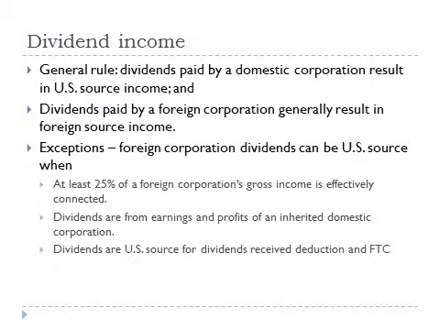Dividends received from a foreign corporation can be U.S. source for the special purposes of the dividends received deduction and the foreign tax credit if certain requirements are met. This discussion of dividend income is continued on the next slide.